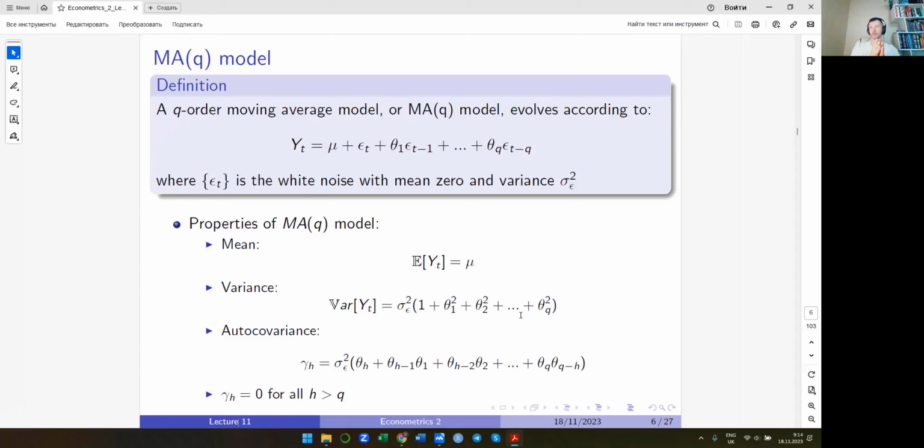So the value of the variable today does not depend on anything beyond the qth observation, beyond the qth period. Everything before the qth period doesn't affect the current value of the series. This is the most important thing for the future questions of modeling.